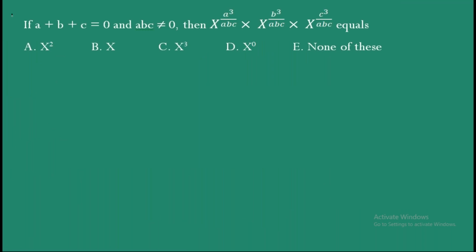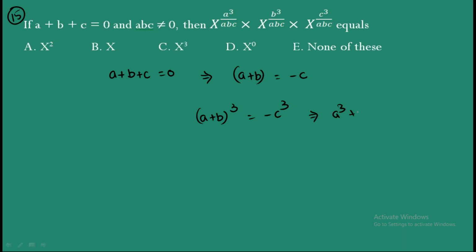Now see this question. A plus B plus C value is 0. From this, can we say A plus B is minus C? If you perform whole cube on both sides, A plus B whole cube is nothing but minus C cube. This is actually A cube plus B cube plus 3AB into A plus B. A plus B whole cube is this, is it?